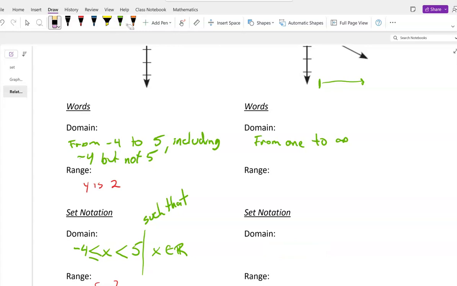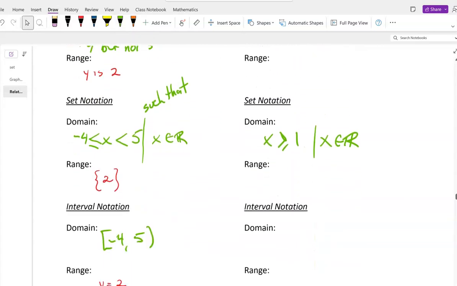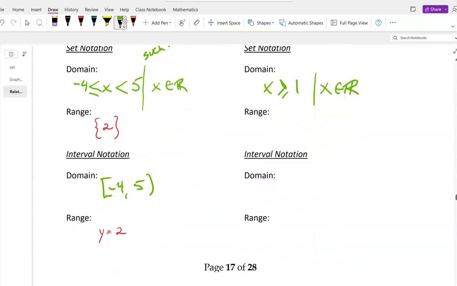It might be easier just to do this though. Let's just say x is bigger than or equal to 1. That's all I need to say. Such that x is a real number. With interval notation, it's from 1 to infinity.